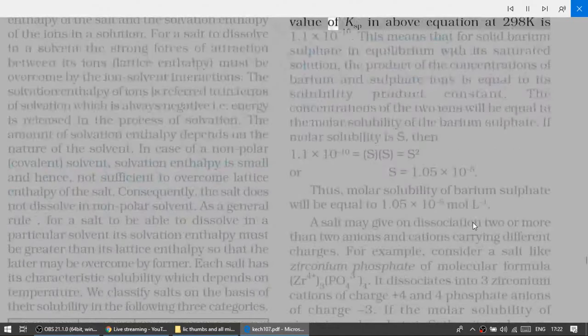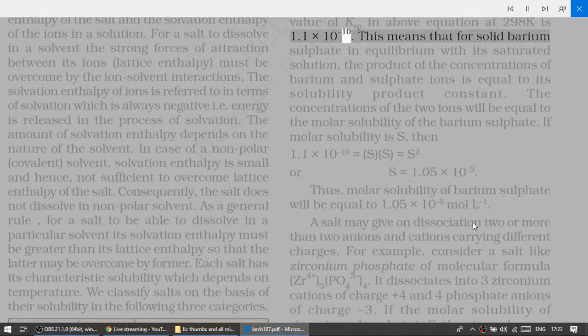The experimental value of Ksp in the above equation at 298 K is 1.1 times 10^-10. This means that for solid barium sulfate in equilibrium with its saturated solution, the product of the concentrations of barium and sulfate ions is equal to its solubility product constant.